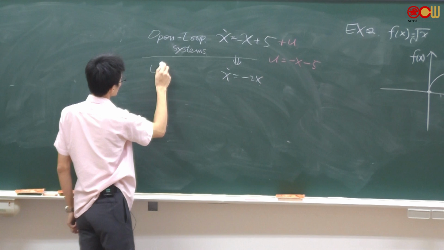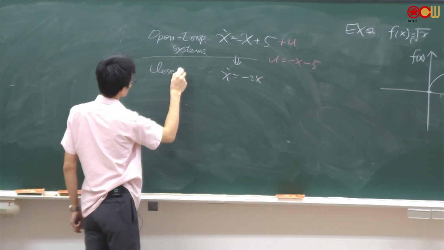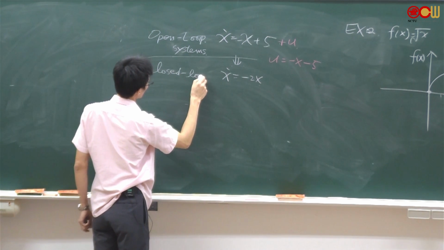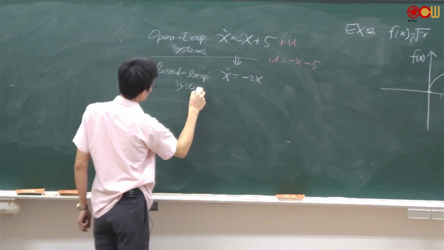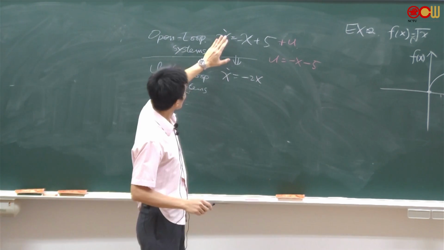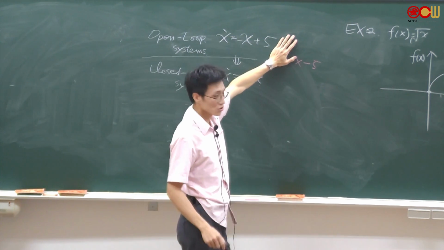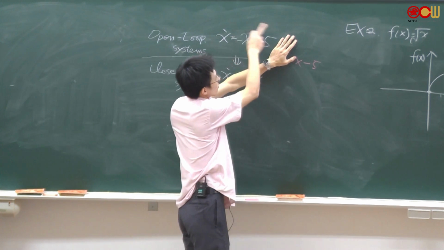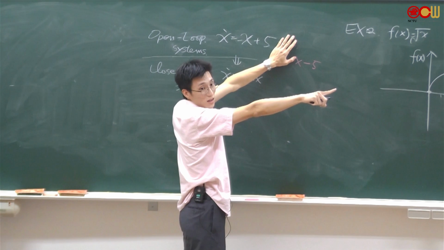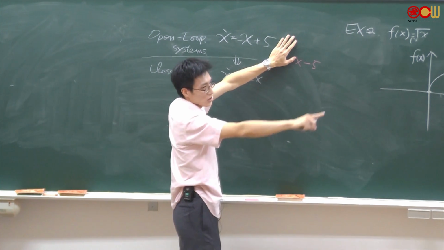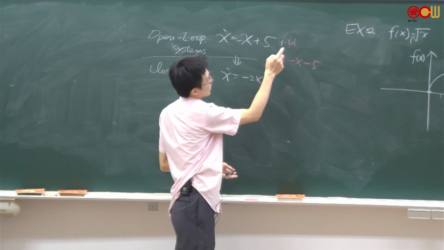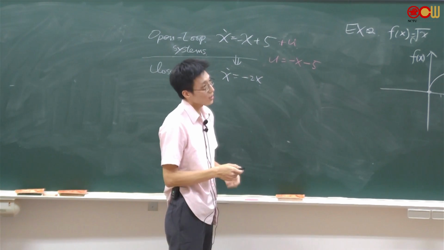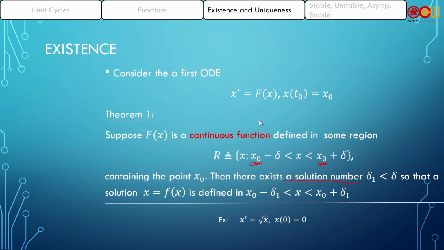This guy is a closed loop system. Given a system with no control, here's your f(x). After you apply your control, this is your f(x). It has a control component there. In other words, your control can change this capital F, right?